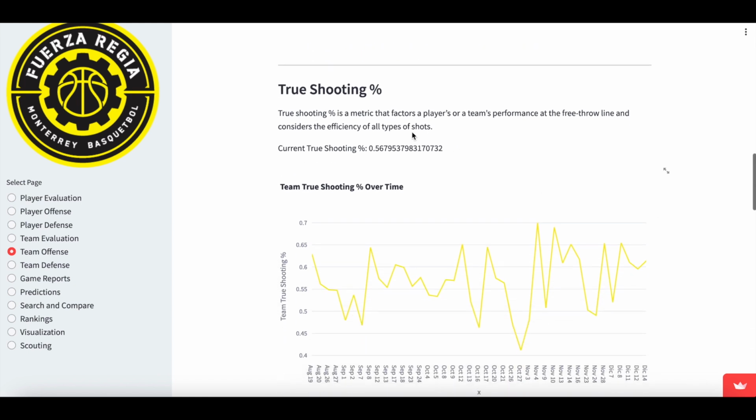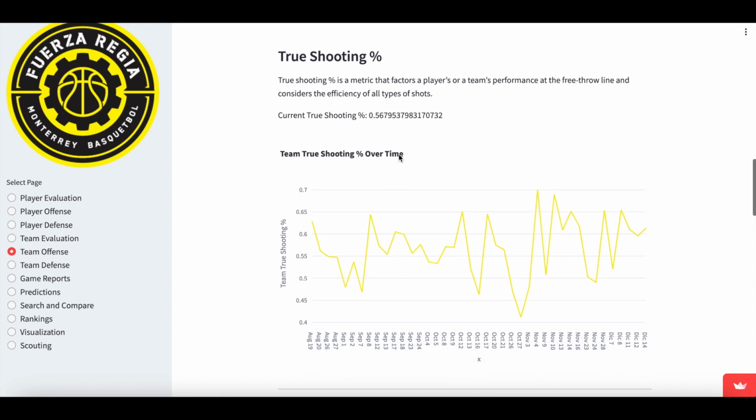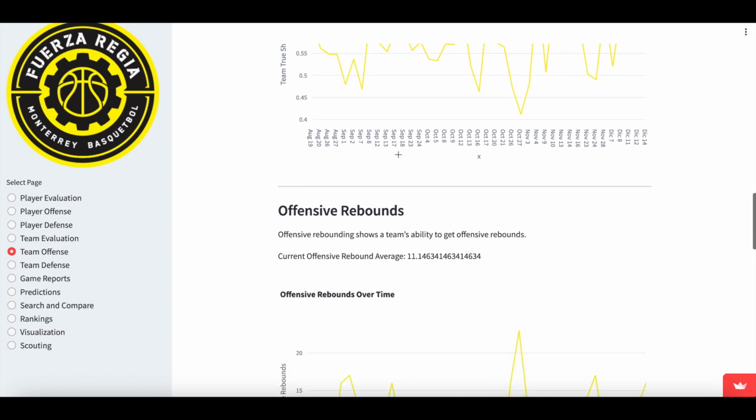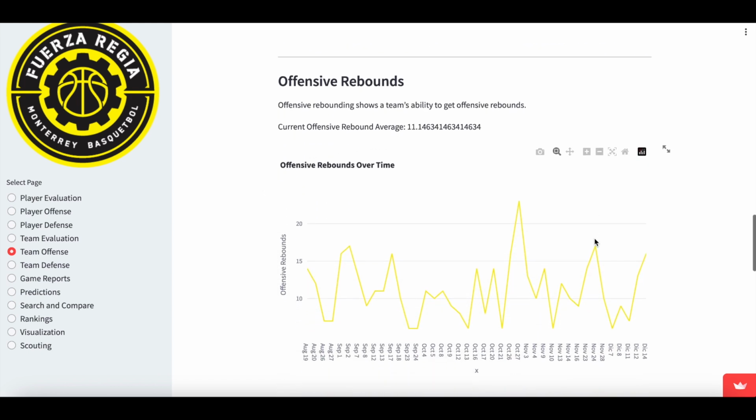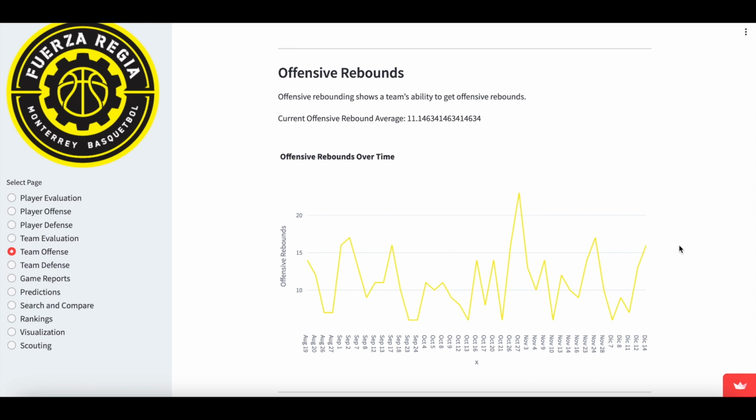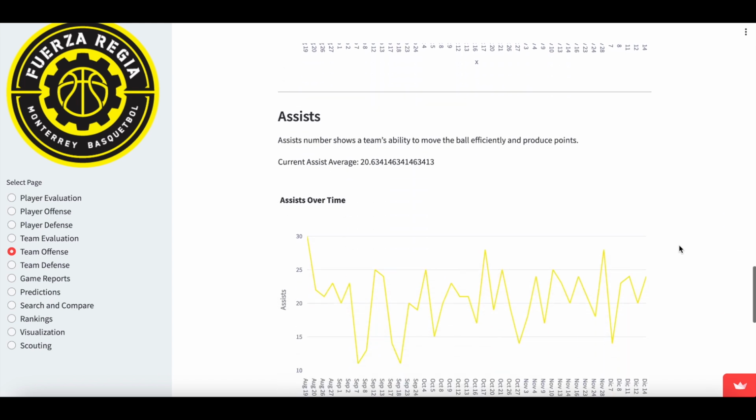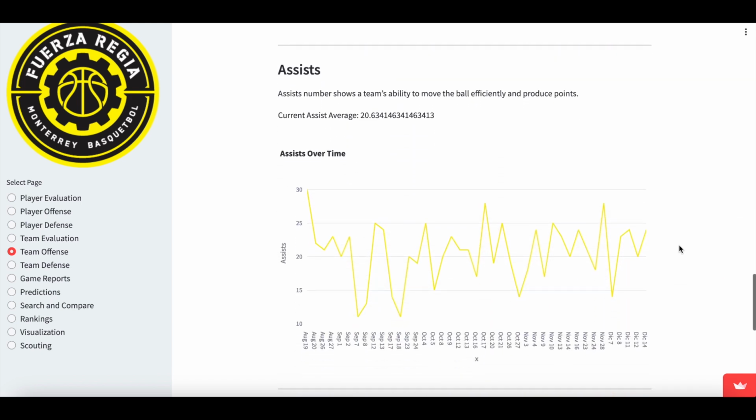We show the true shooting percentage, which is a metric that factors a team's performance at the free throw line. And we show the current true shooting percentage of the team. Next, we show offensive rebounds. Assists.